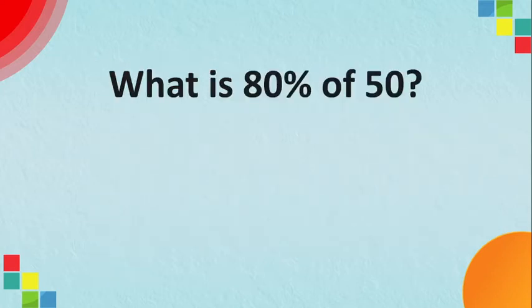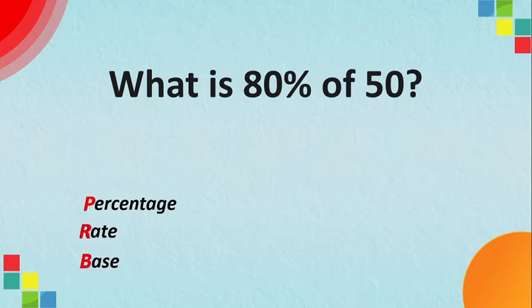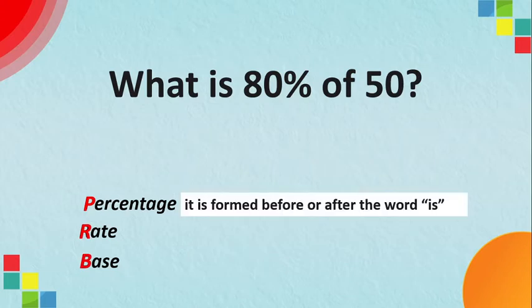So in this given word problem, let's identify percentage, rate, and base. From the given definition, percentage is found before or after the word "is". So if we take a look at the given word problem, what is found before the word "is"? So we can say that "what" is the percentage, and "is" can be written as equal.